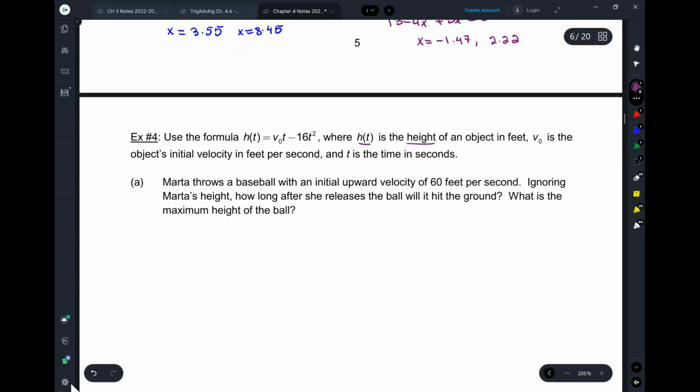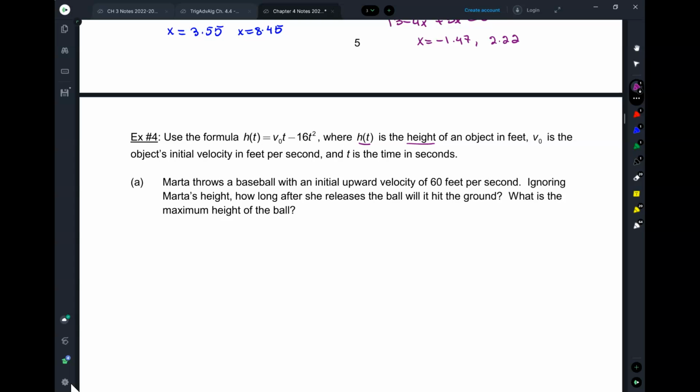Fine. Marta throws a baseball with an initial upward velocity of 60 feet per second. Ignoring her height, how long after she releases the ball will it hit the ground? What is the maximum height of the ball?